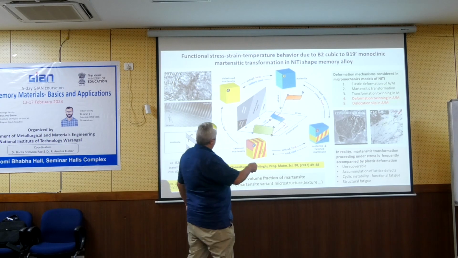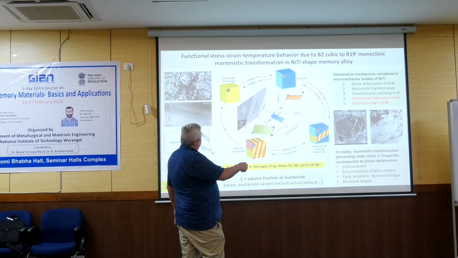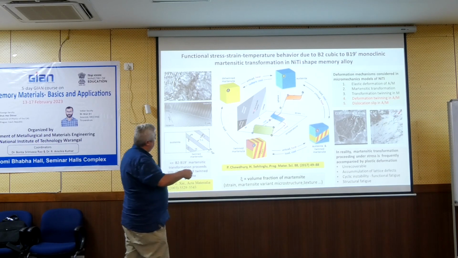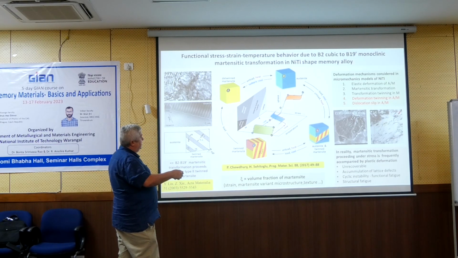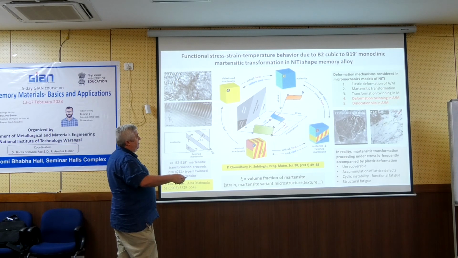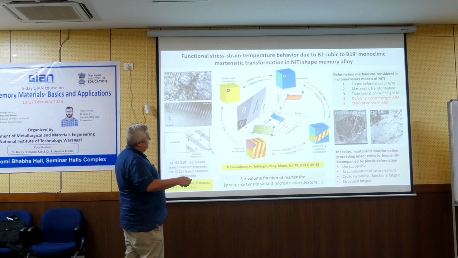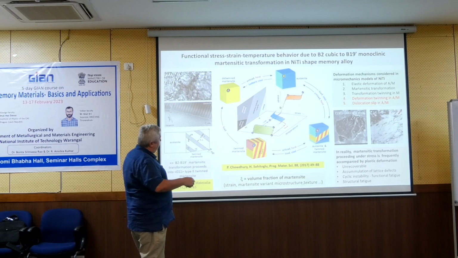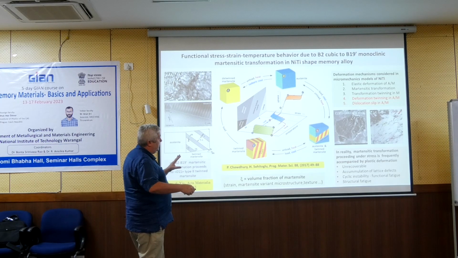If we care only about these pictures, they suggest processes due to transformation only, which are these three here: elastic deformation, transformation, and some twinning inside the martensite.